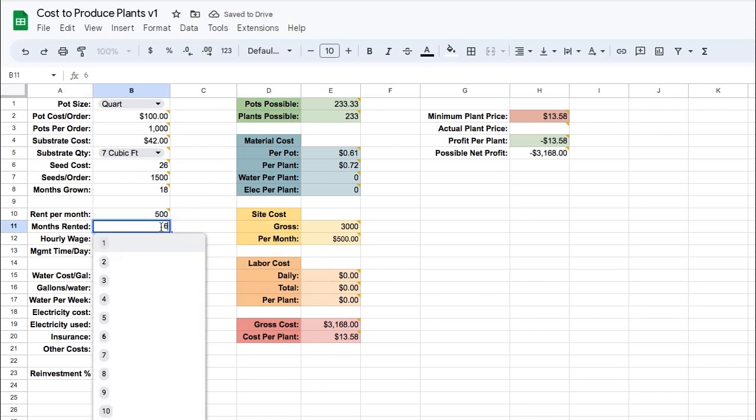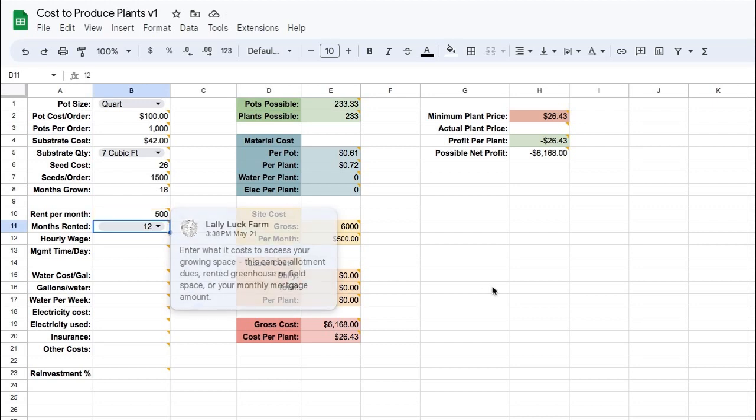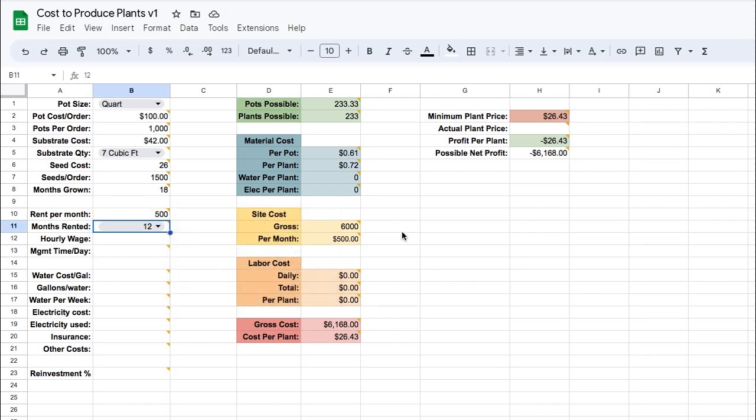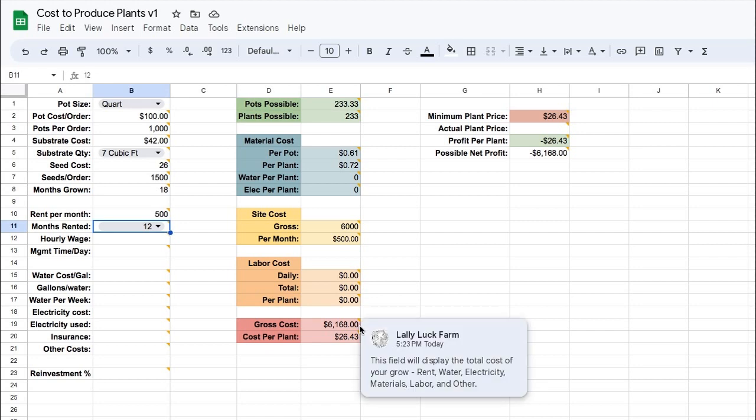So I can select 12 months because I'm living here year-round, and we can pretend that the monthly mortgage is only $1,000, and that would be great. But you can see what our per month and our gross costs are here, and what the total cost for this grow is.